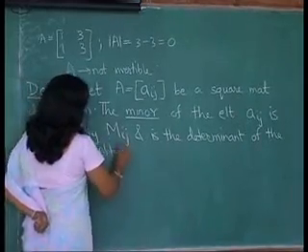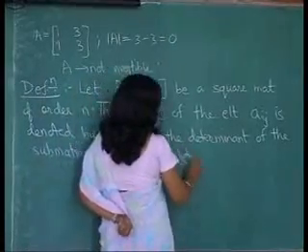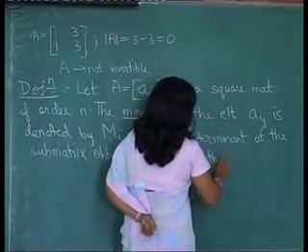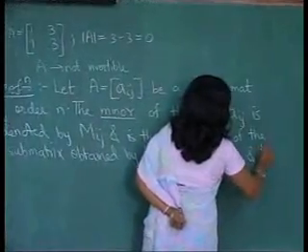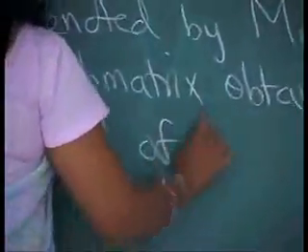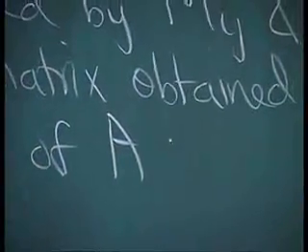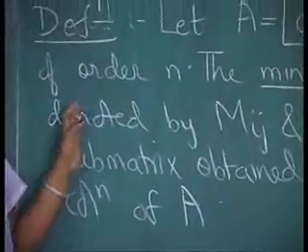obtained by deleting the ith row and jth column of A. It will be easier to explain this definition if I take an example.